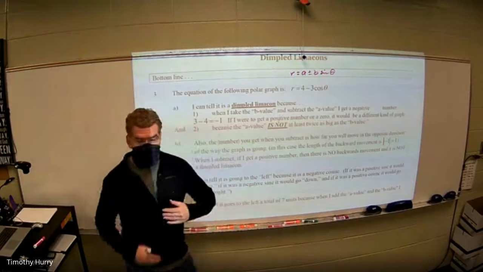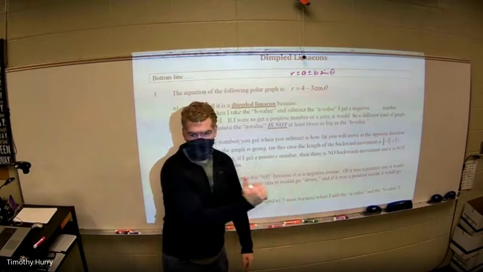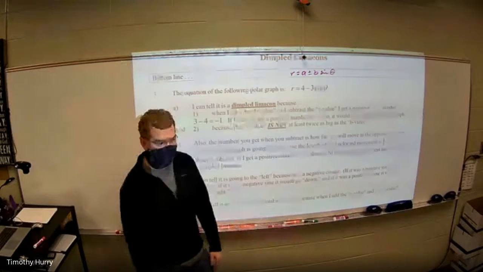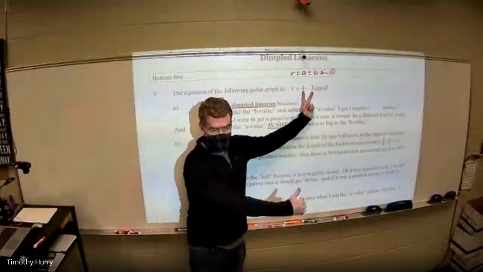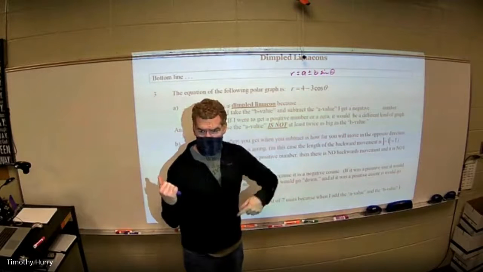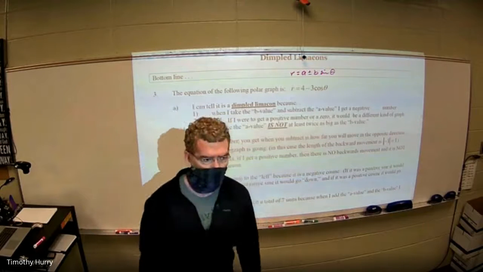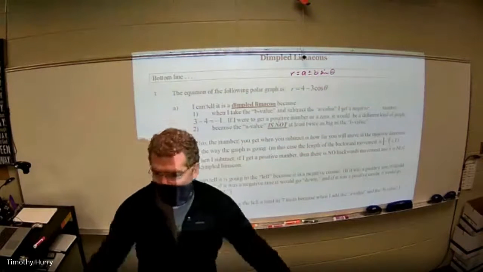So the same rules go for direction. Negative cosine, head left 7, right? And if it's going 7 left, how much up and down is it going? 4. But does it hit the pole? No, it can't hit the pole. Why not?